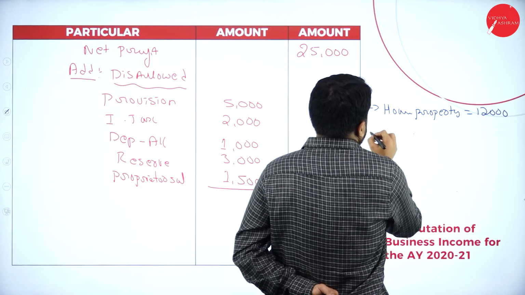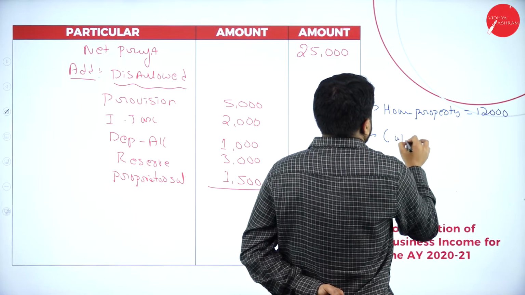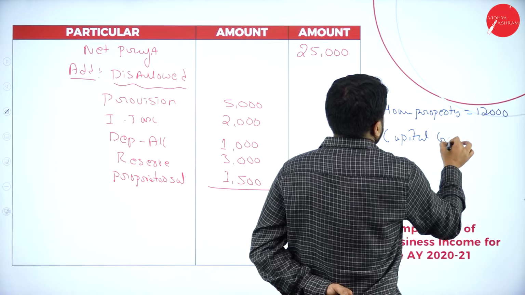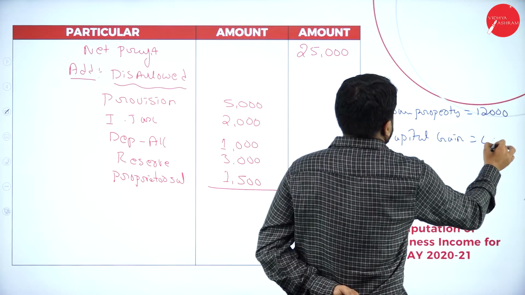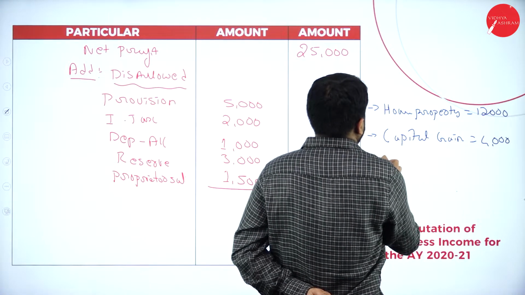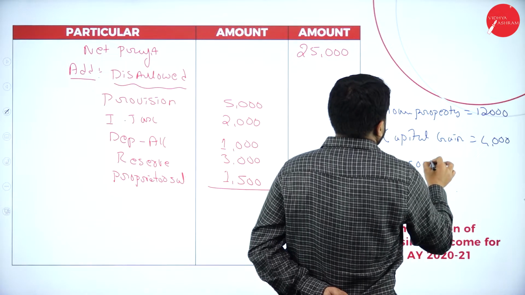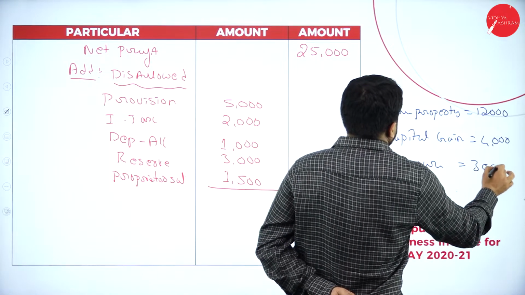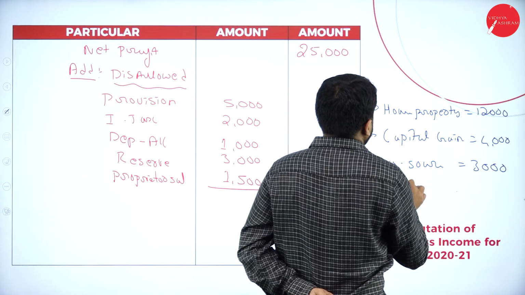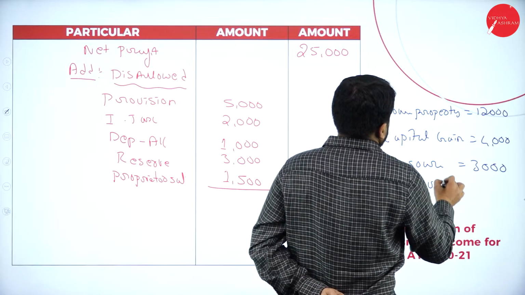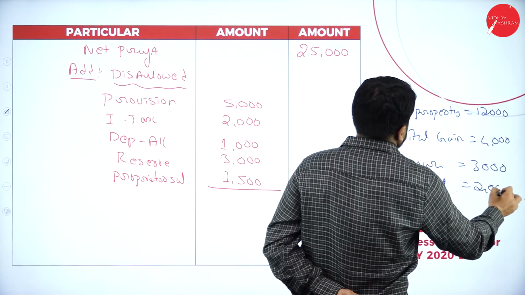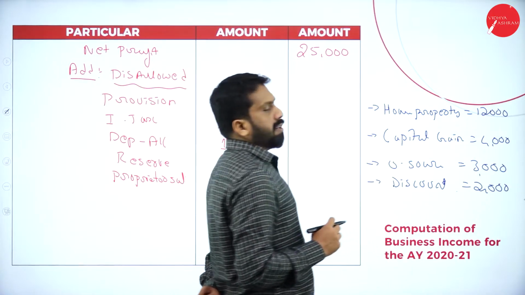Next, income from capital gain, 4,000. Income from other source, 3,000. Discount, 2,000. These are the incomes you have.